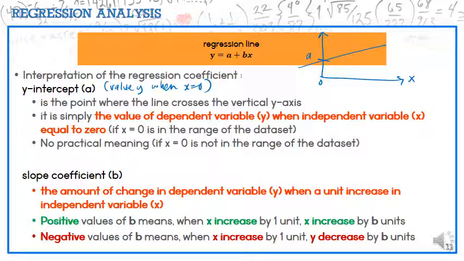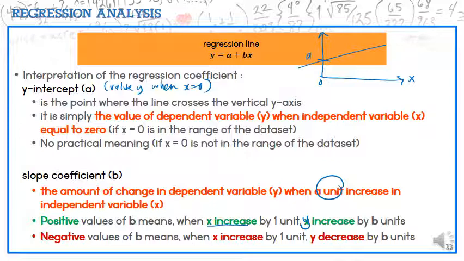B, on the other hand, is your slope coefficient. So B is actually the amount of change in your dependent variable y when there is a unit increase in your independent variable x. A positive value of B means when x increases by 1 unit, y will increase by b units.